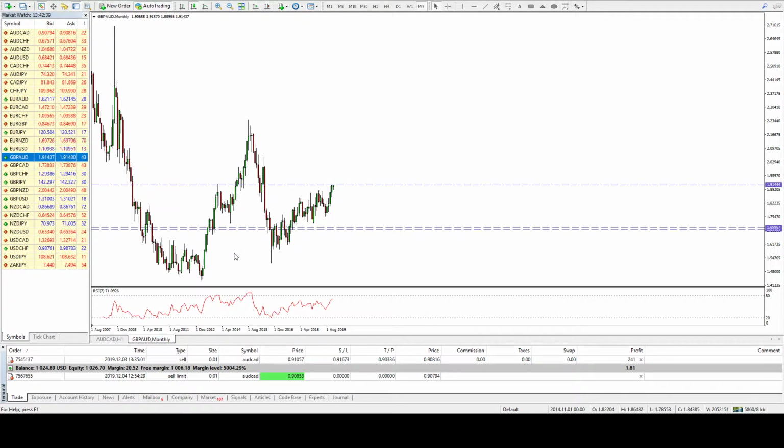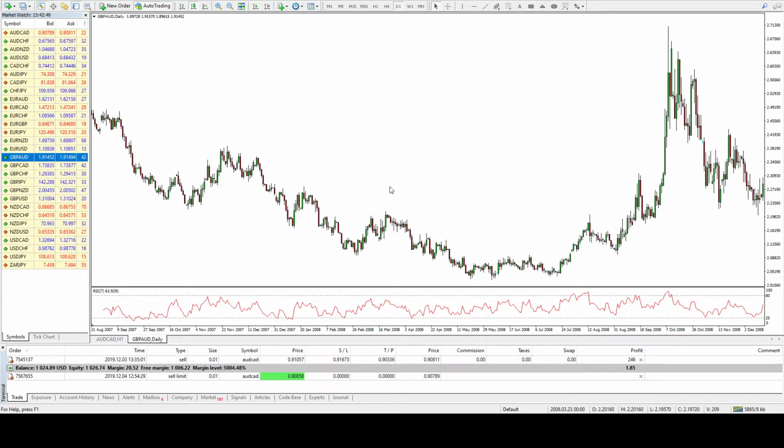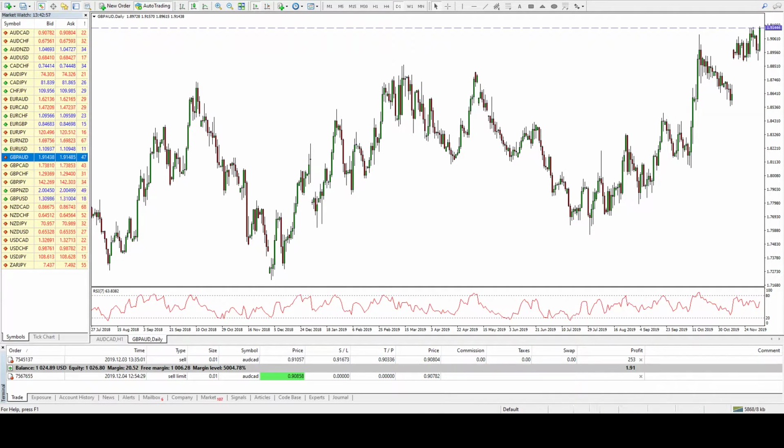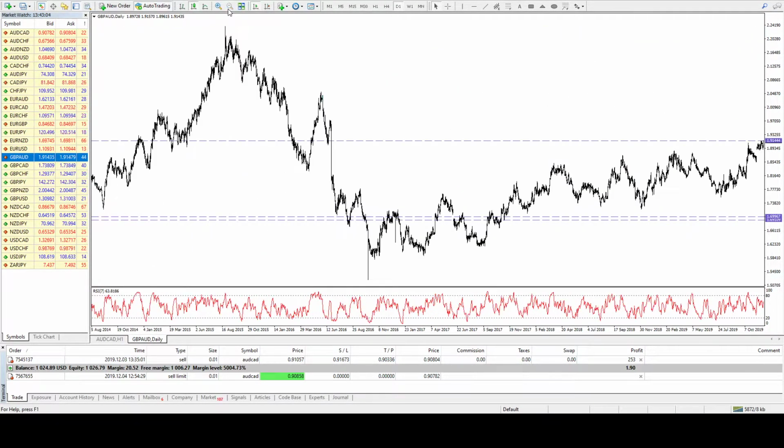Okay, it doesn't give me much at all. Okay, we have to work with whatever we got. So this is a new high for this pair since, let's see, since 2016.